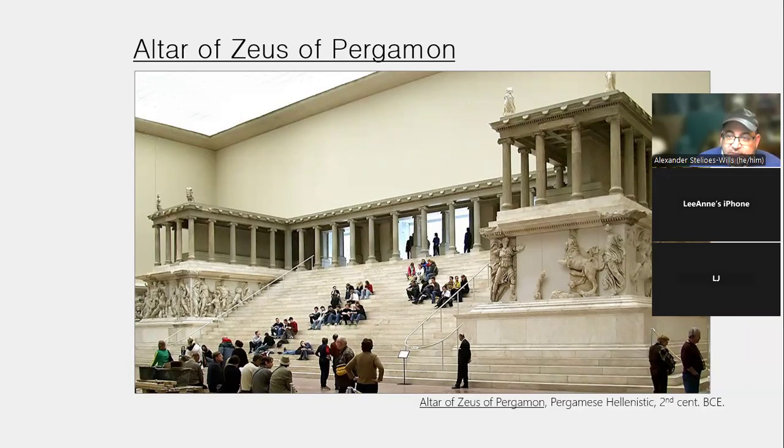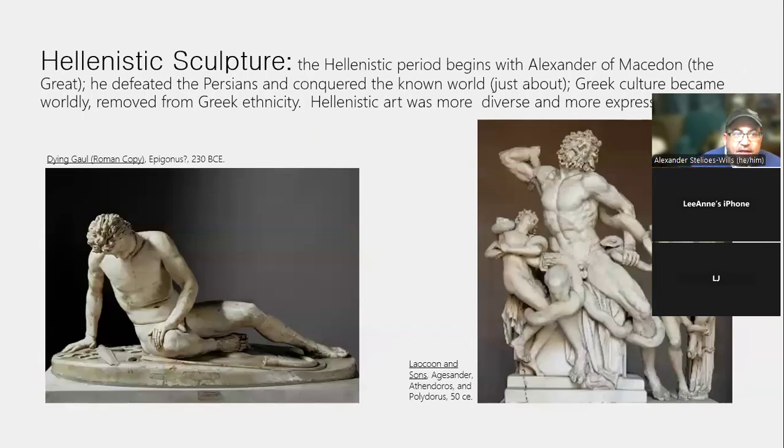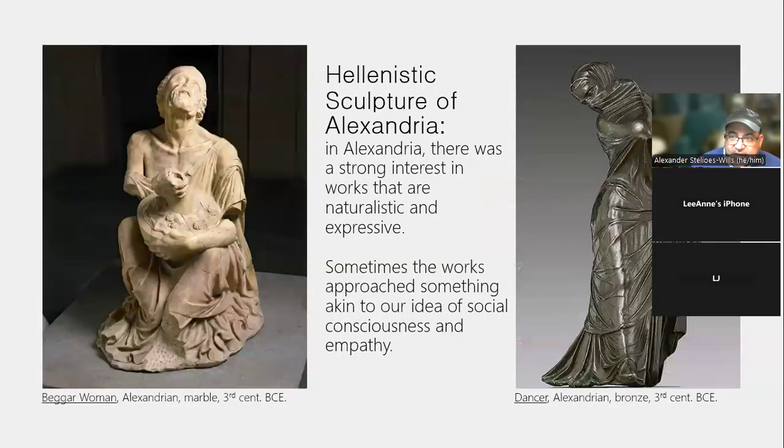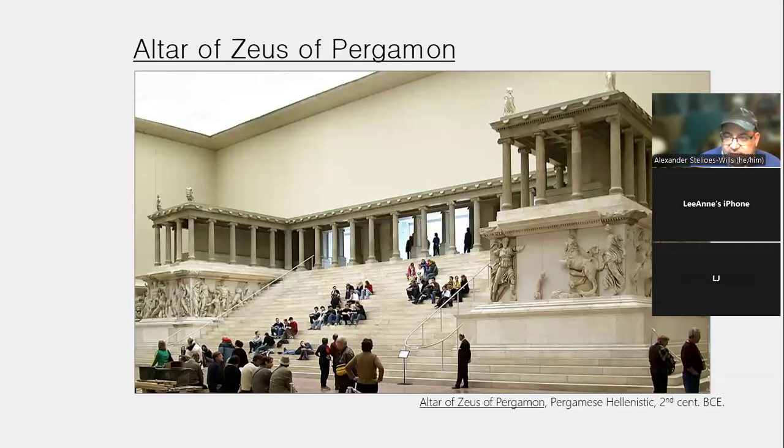So the last piece we're going to talk about to represent the Hellenistic world is the altar of Zeus at Pergamon. And we've already, to a degree, seen a little bit of this in that the Dying Gaul here was also a work of sculpture that was made in Pergamon, and it was part of the same whole construction process.